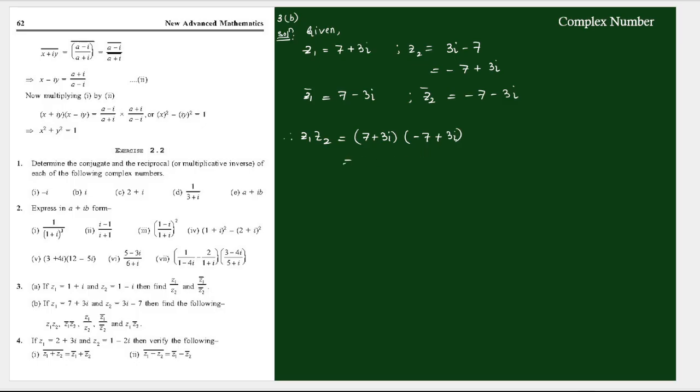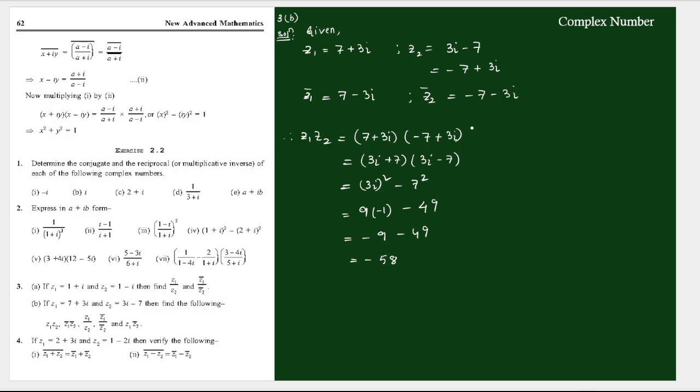We can rearrange them as 3i plus 7 and 3i minus 7, then a plus b, a minus b. So 3i square minus 7 square. 3 square is 9, i square is minus 1, 7 square is 49. So this is minus 9 minus 49. It will give us minus 58.